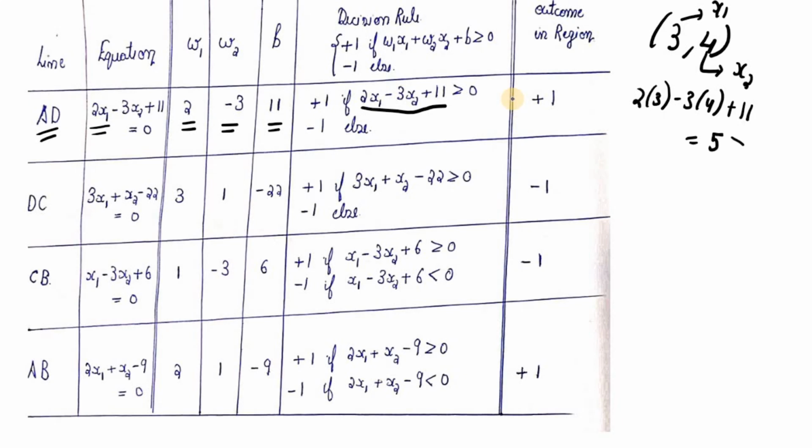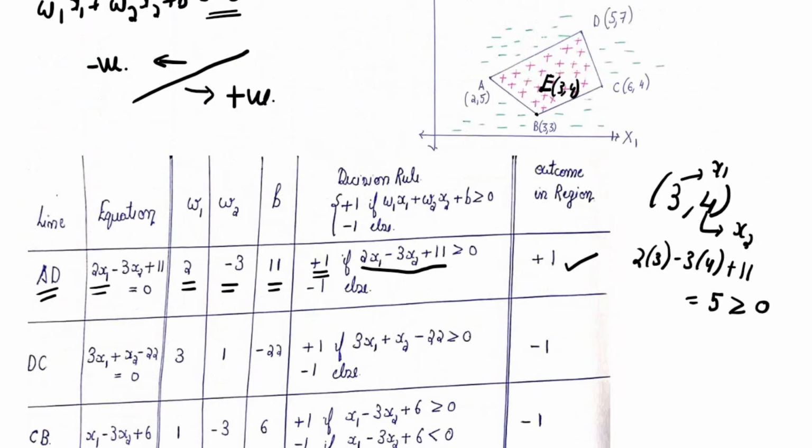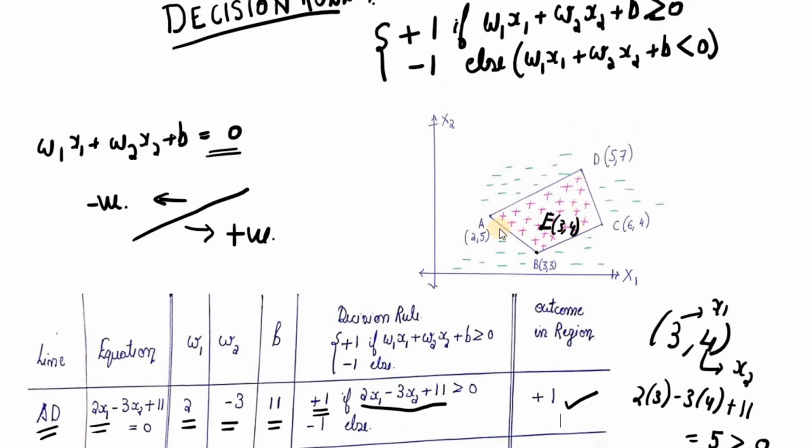Now the value of 5 is greater than or equal to 0, which means that if I follow the decision rule, the outcome in the shaded region, the region in pink, which consists of the positive region, is going to be +1. So if I rely on the classification made by AD, anything which falls in this region is going to be classified as positive.